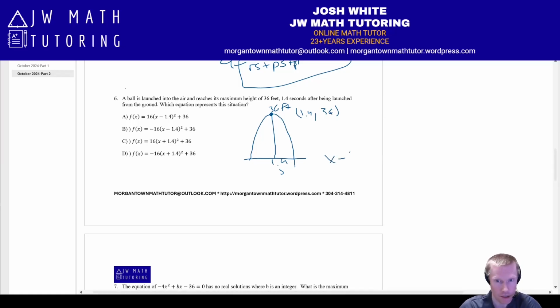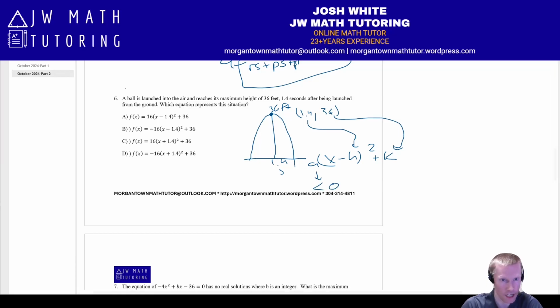So if we're looking at vertex form, the 1.4 is going to be h, the 36 is going to be k, and it's positive, so we're looking for something with plus 36. They all have that, so that doesn't help us. Also, because the path of this ball is going down, because that's a maximum, the a value must be less than 0, or negative.